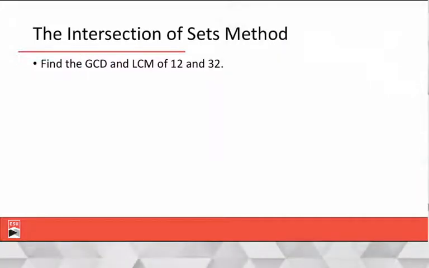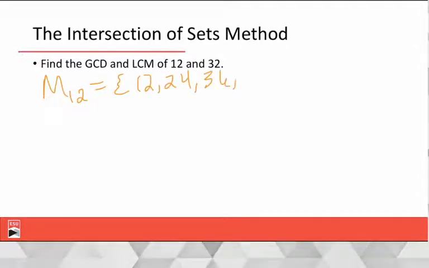Now, if we want to write the multiples, I'm going to go ahead and give these sets names from the beginning. The multiples of 12: 12, 24, 36, 48, 60, 72, how much higher do we have to go? 84.